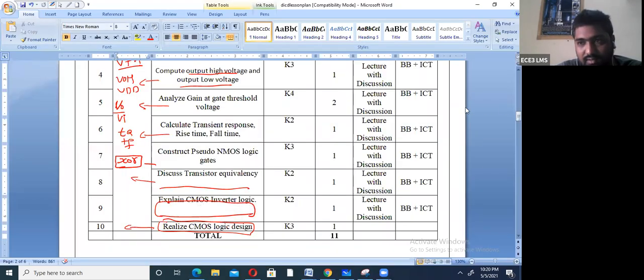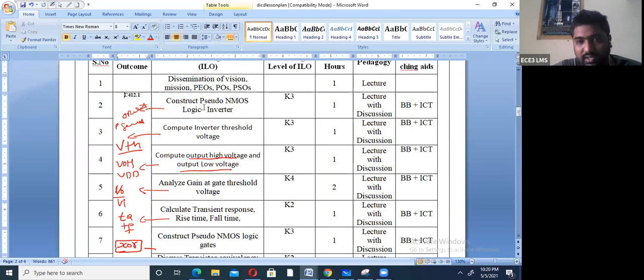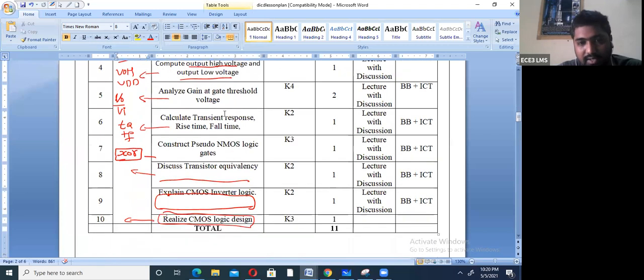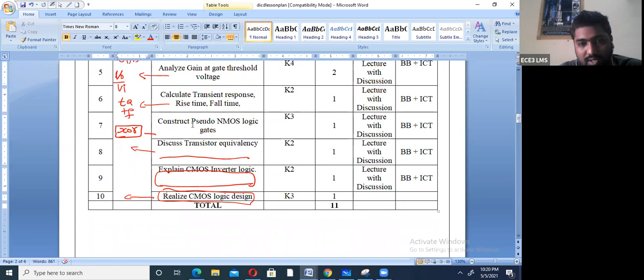Here they are asking about the pseudo NMOS logic inverter: threshold voltage, high voltage, low voltage, gain, transient response, rise time, fall time, how to construct a pseudo NMOS logic for a Boolean equation, and if any big circuit is given in the pull down network, how to replace it with a single transistor.